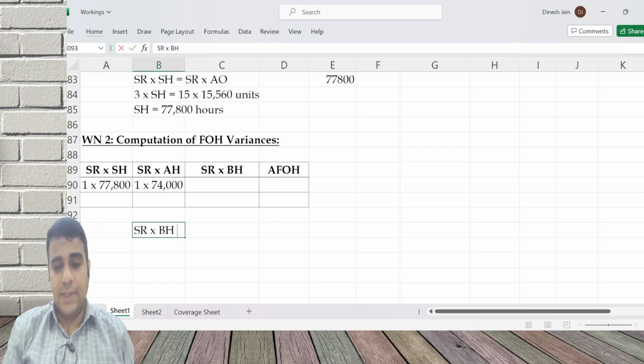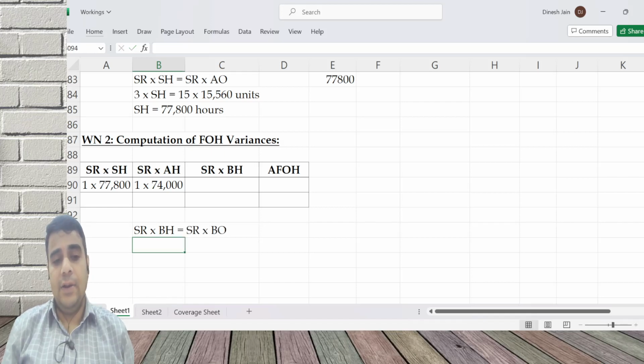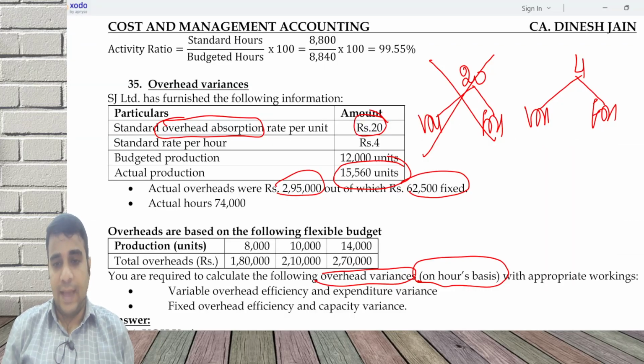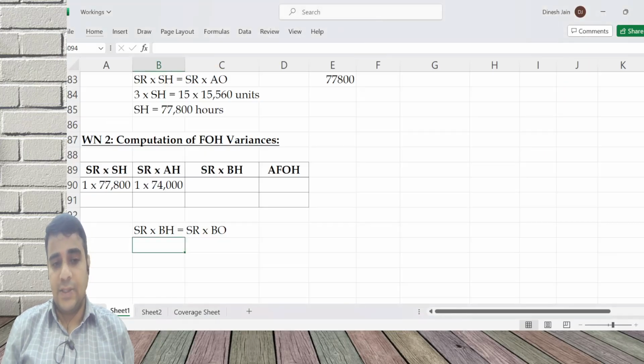SR into BH is equal to SR into BO, budgeted output. I don't have the budgeted hours, I have the budgeted output, which is 12,000. I'm calculating it now. 1 into BH is equal to 5 into 12,000.